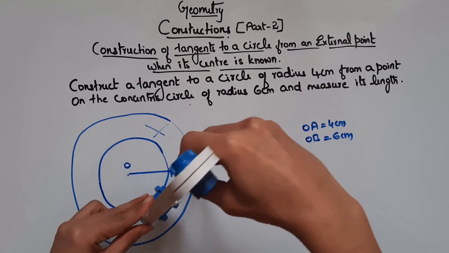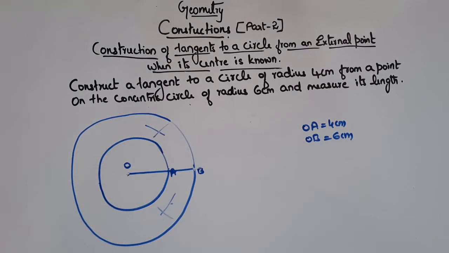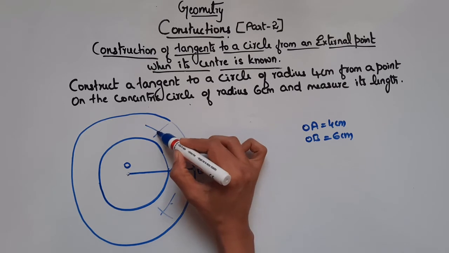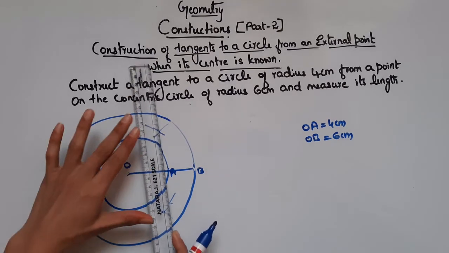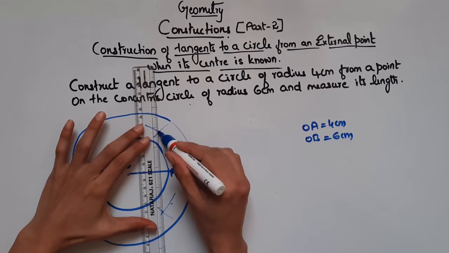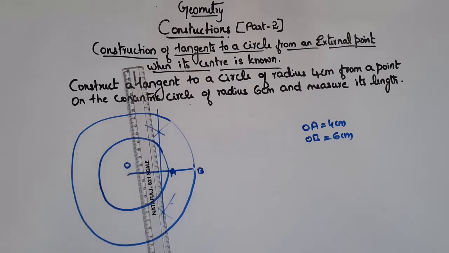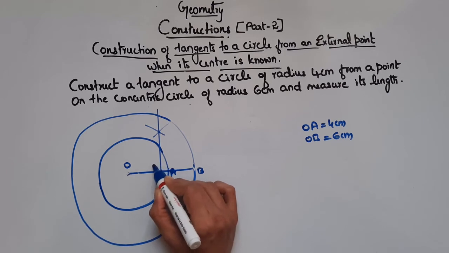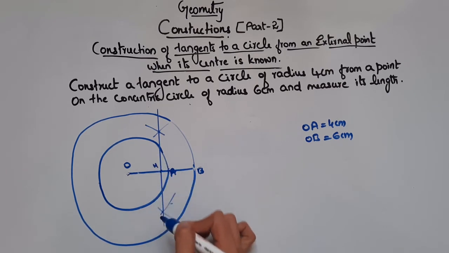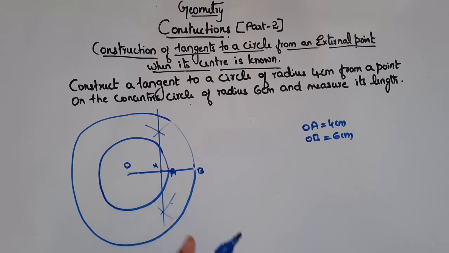So you got 2 points here. You will join those 2 points. So this is the midpoint, right? Let's take this as M. So this is a perpendicular bisector. That is, it bisects this line OB.